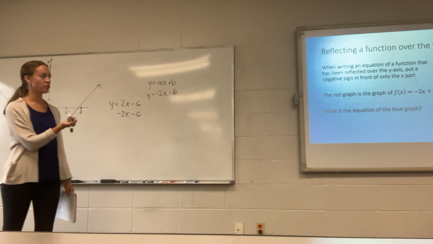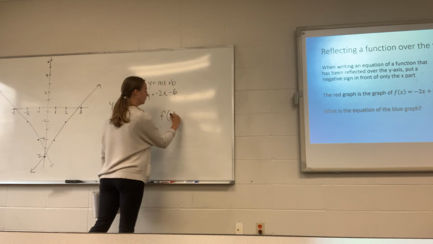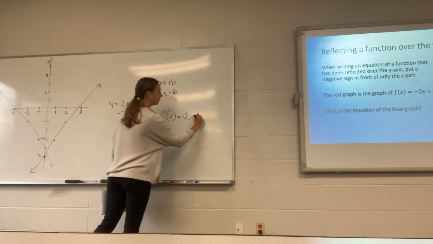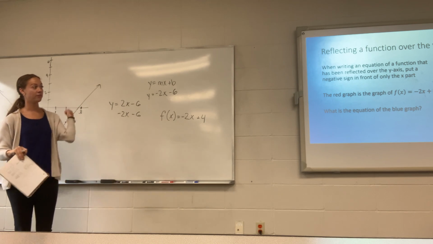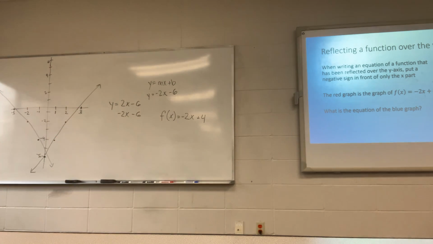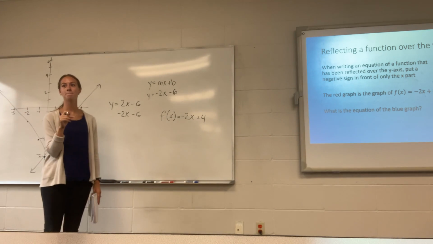So if we have the equation negative 2x plus 4, and I need to write an equation for that graph that's going to be reflected over my y-axis. Let's see. Hillyberry, how would I do that? Wouldn't it cancel out to be positive?